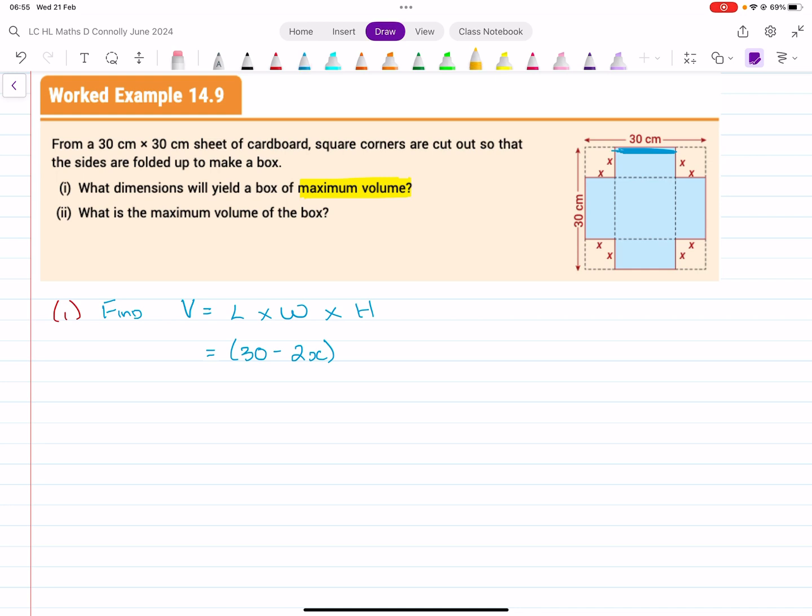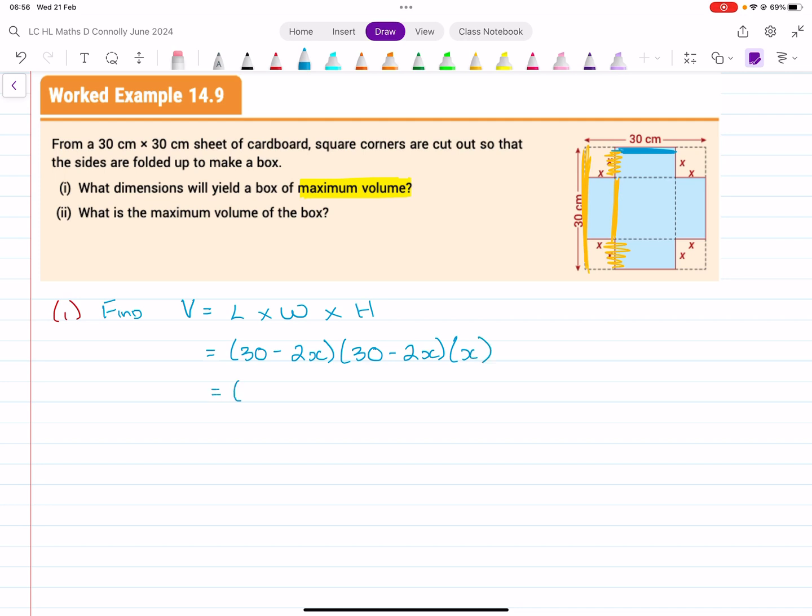The width of the box, when it's folded up, is going to be this. And again, that is 30 minus x minus x, so 30 minus 2x for the width. And then the height, when you fold all those little bits up, it's going to stand at a height of x.